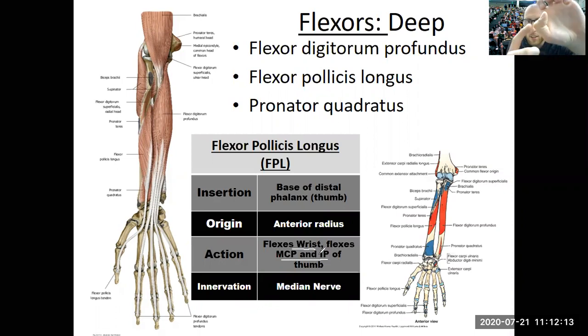You can see those joints right here. This is the IP, this is the MCP joint. It's doing double flexion with the flexor pollicis longus. Median nerve for this one, it's on the anterior side, it's superficial median nerve.